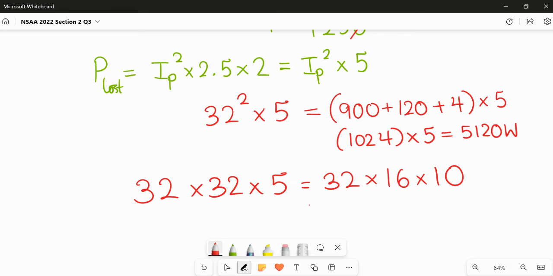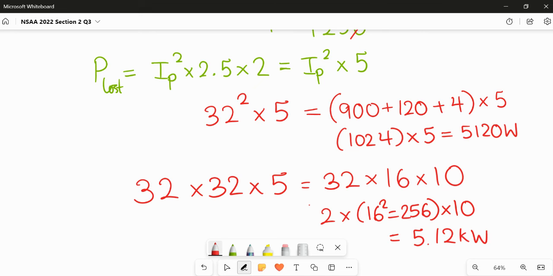And if you know 32 times 16, if you know your square numbers, 16 times 16 is 256. And then 256 times another factor of 2 would be 512, times another factor of 10, we get 5120. So just to break that down, we get 2 times 16 squared, 256, times 10 gives us 5.12 kilowatts.